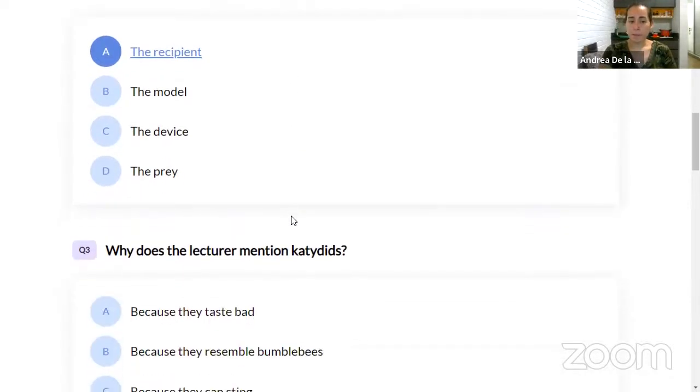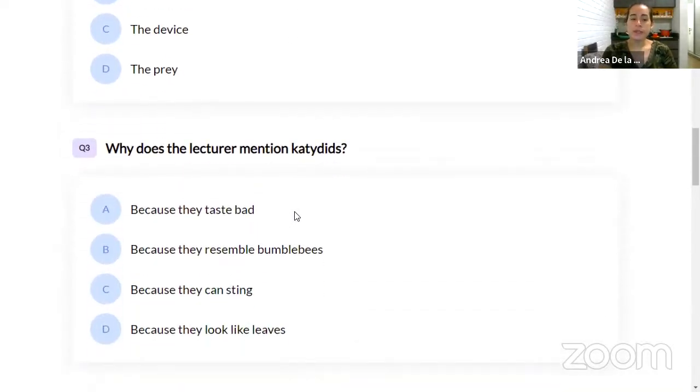But let's see. Now, question 3 says, why does the lecture mention katydids? Why were these animals mentioned? Probably as an example, right? But as an example of what? Do you have katydids in your notes?